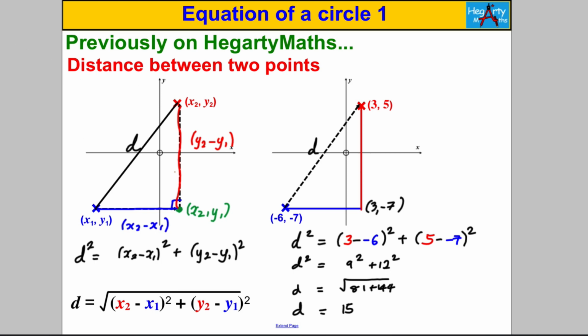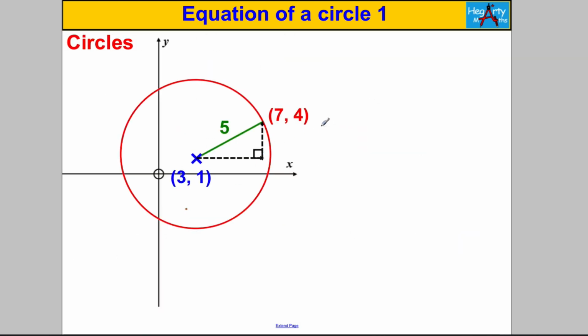Right, it's time to actually start talking about where the equation of a circle comes from. Suppose we had the following circle. We could say, because this is a right angle triangle, 5 squared must be equal to this distance squared.